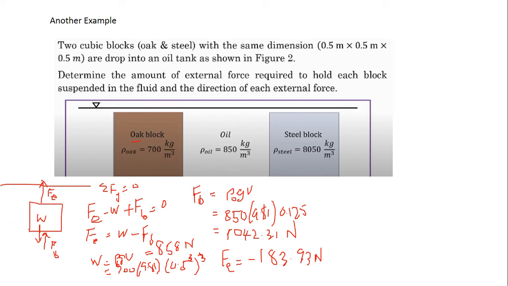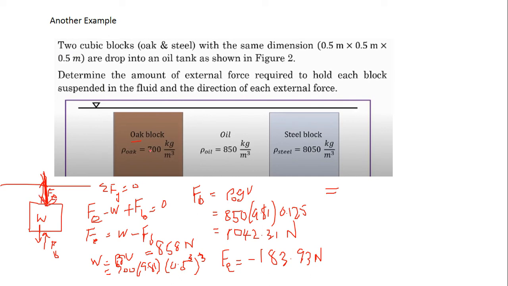The assumption was wrong. Okay, so the direction should be downward. And so when you answer the question, you should change it back. The FE should be going downward, and the amount of force is 183. When you write your final answer, they ask you to determine the amount of external force required to hold each block. So it's 183, and the direction is downward.